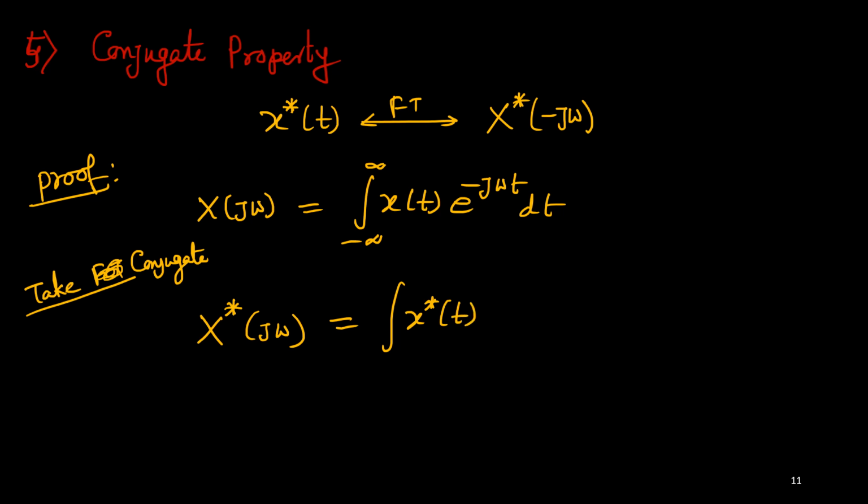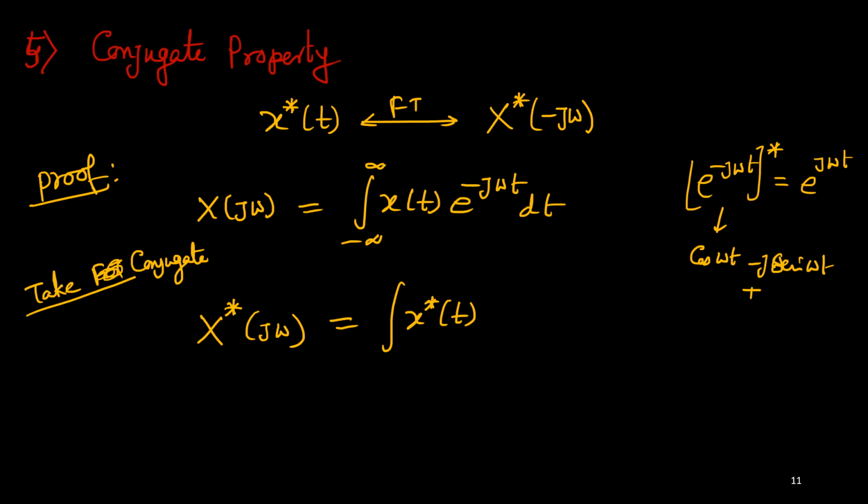And this one is itself a complex signal, e to the power minus j omega t, and its conjugate is simply e to the power plus j omega t, because it has cos omega t minus j sin omega t. So its conjugate should be cos omega t plus j sin omega t, and that is simply e to the power j omega t.